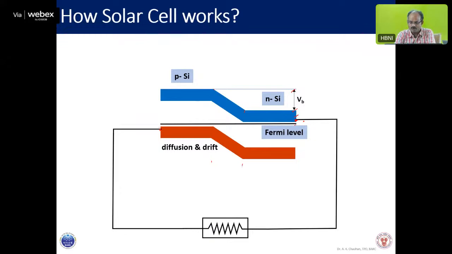Ideally there will not be any current, because you have two back-to-back diodes connected to each other. So there are special techniques to make these junctions ohmic. The junction has to be made ohmic. It is not that you just join a metal with a semiconductor and you will start getting current.